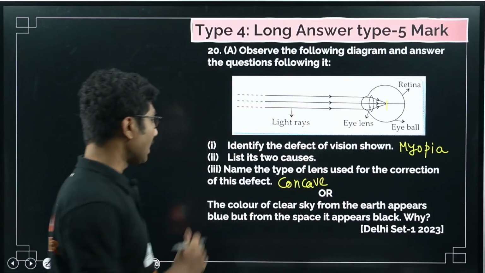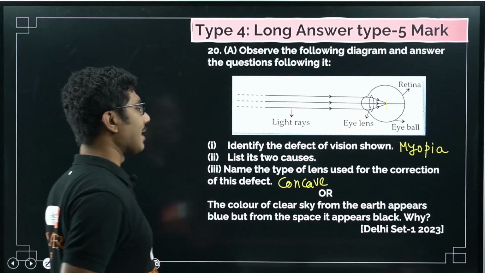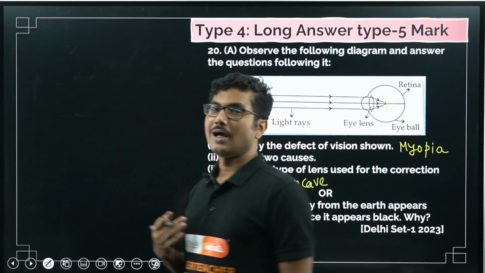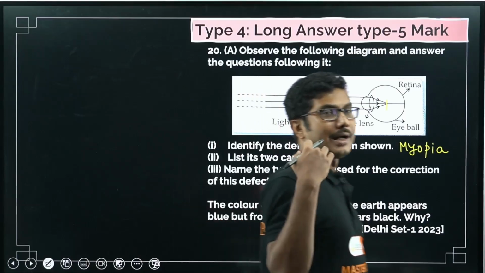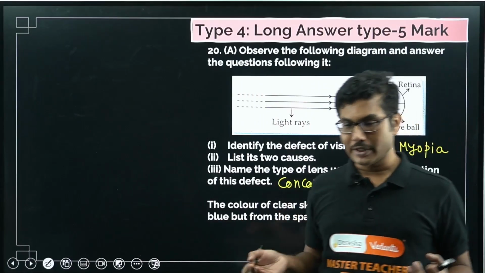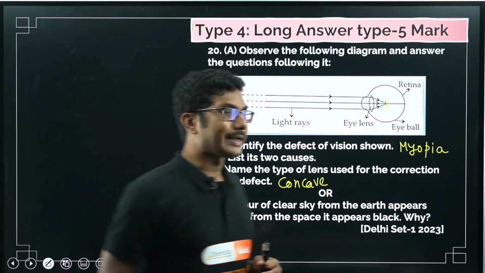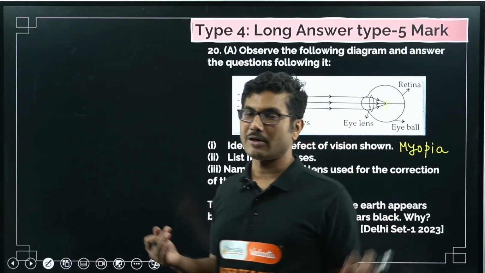Okay. The color of the clear sky from the earth appears blue, but from the space it appears black. Why? The color of the sky is blue because blue light scatters the most. But when you are in space, there is no atmosphere for scattering of light to occur. So no scattering happens and you cannot see any color.